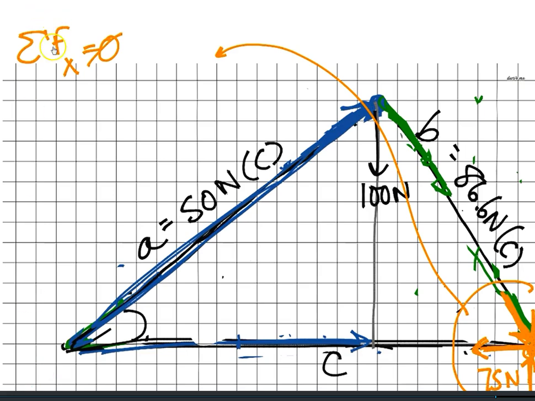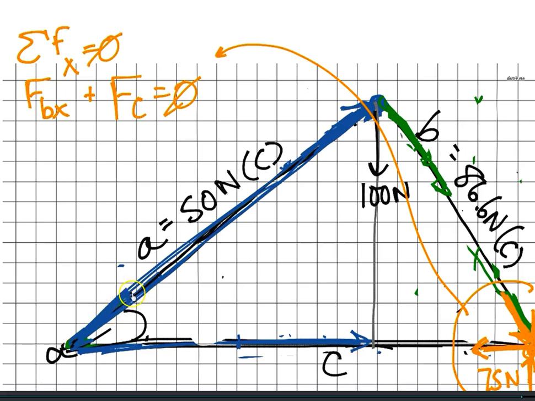So the sum of the forces along X is 0, and the sum of the forces along Y is 0. Along X, all we have is FBX, which is the X component of FB, this arrow here, and then FC is purely horizontal. There's no vertical component. So if you sum FBX and FC, you should get 0. You can also use the vertical components to do the same thing. We could have used joint A, that's what I was just saying a minute ago.